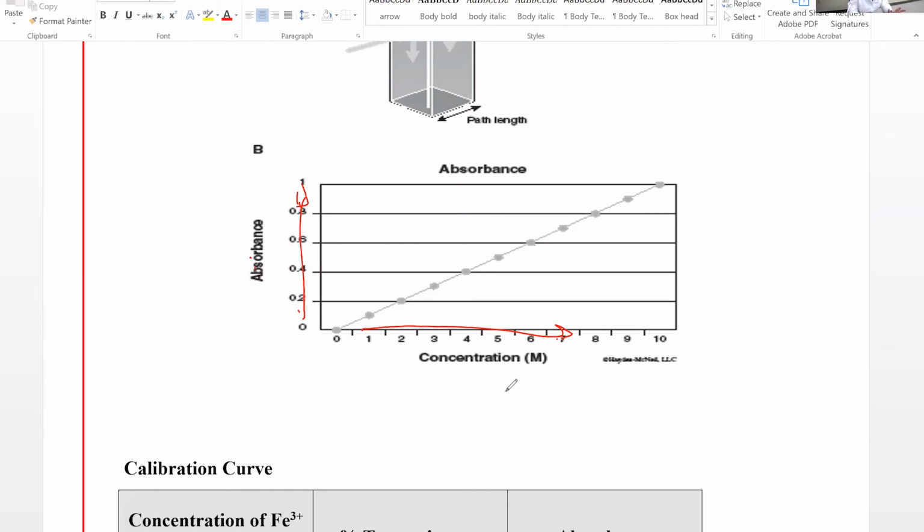Let's say we use concentrations of 2, 3, 4 and 5.